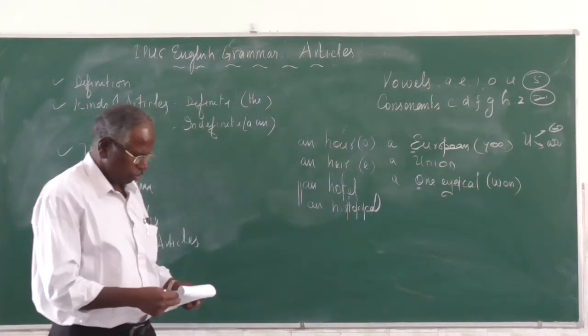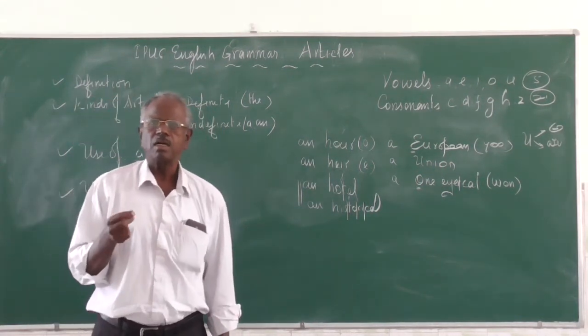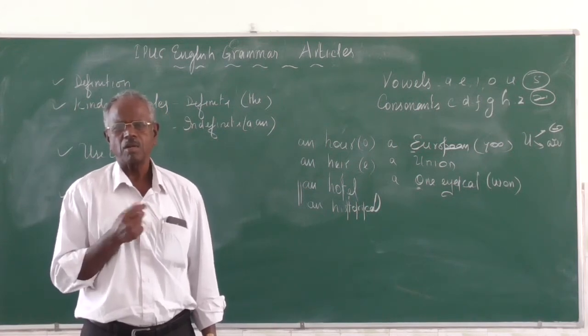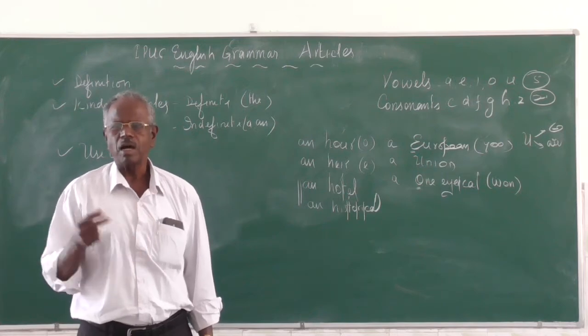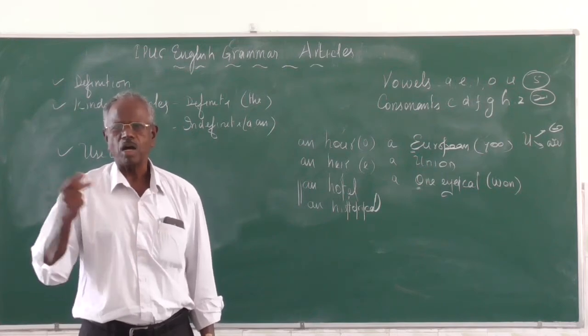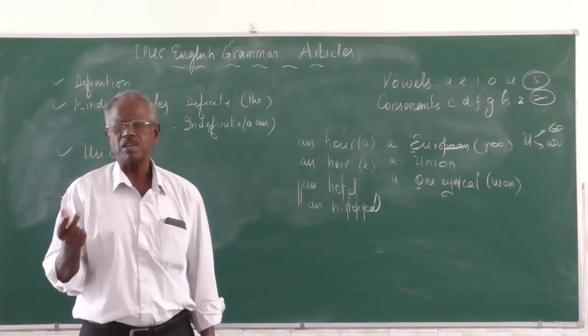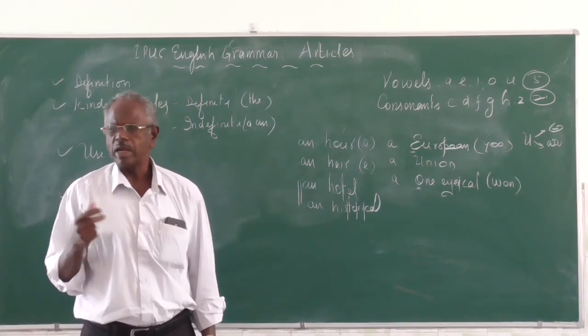And then before names of rivers, oceans, gulfs and mountains. For example, rivers: the Kaveri, the Godavari, the Krishna, the Brahmaputra. Then oceans: the Pacific, the Atlantic, the Bay of Bengal, the Indian Ocean.